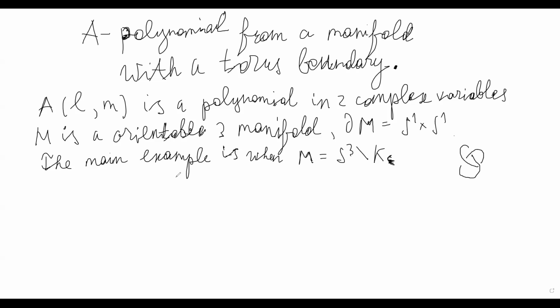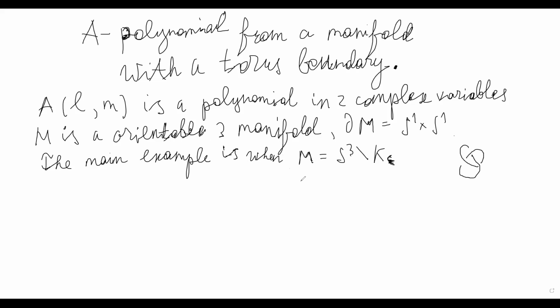Yes, so it was mentioned that we look at a knot in M, but to be more precise, we don't want to have knots in M with toric boundary. We want to have arbitrary manifolds with toric boundary.